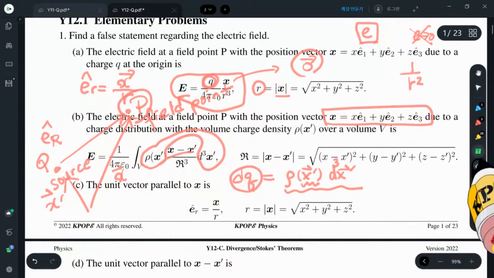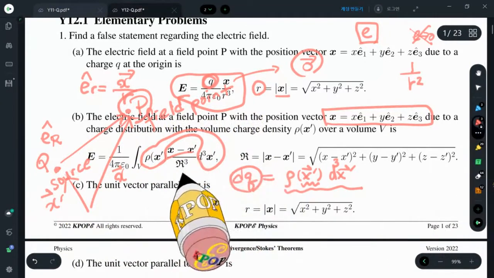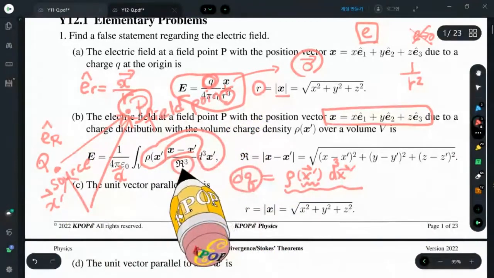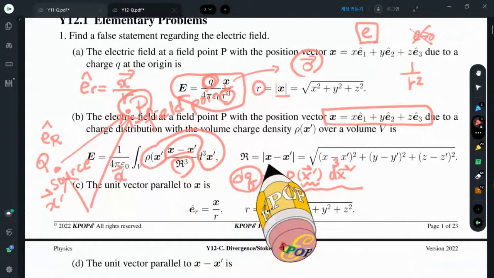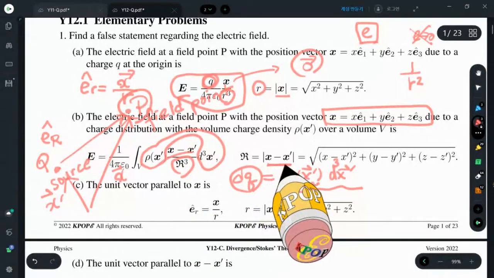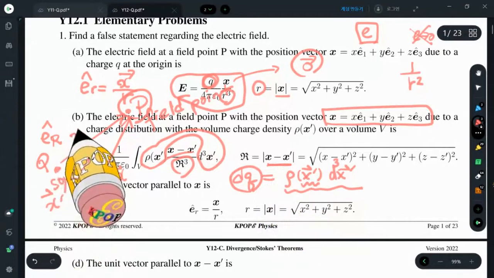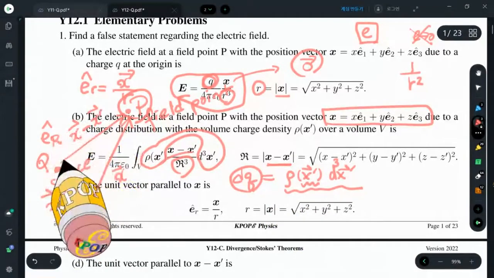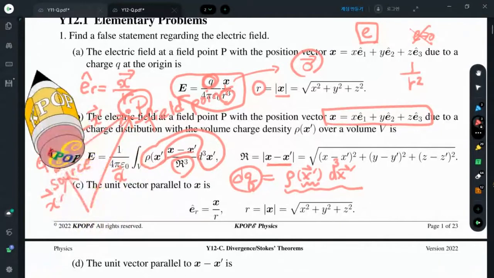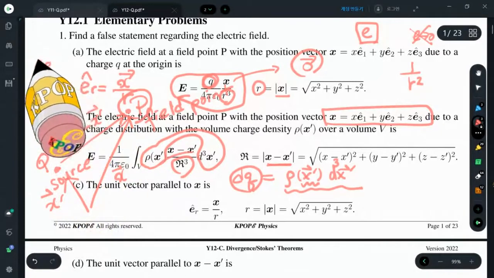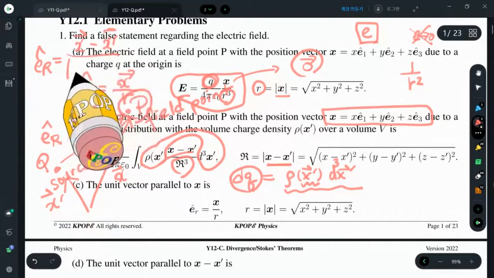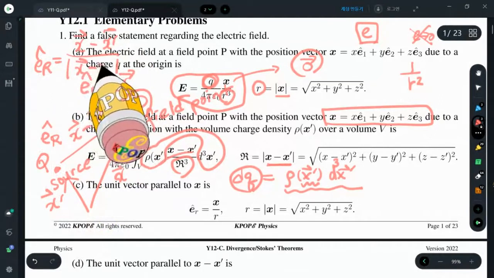Okay? So we have the same r cubed, but this r is the magnitude of the vector of relative displacement from the source to the field point. And its R hat is x minus x prime divided by its magnitude.